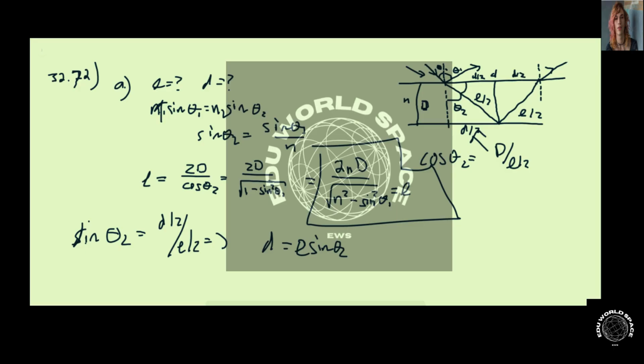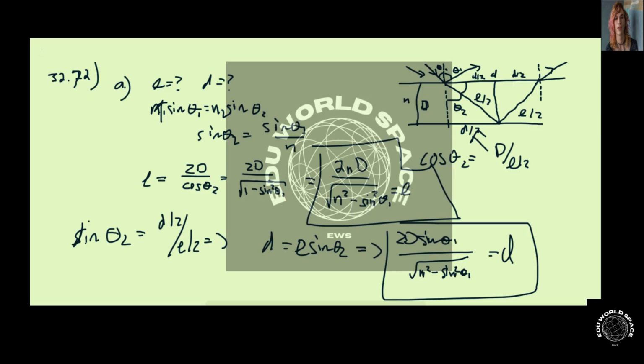Perfect. We already have an expression for sine theta 2 and for L, so we plug those in. This comes out to 2D sine theta 1 all over the square root of n squared minus sine squared theta 1. And this equals d.